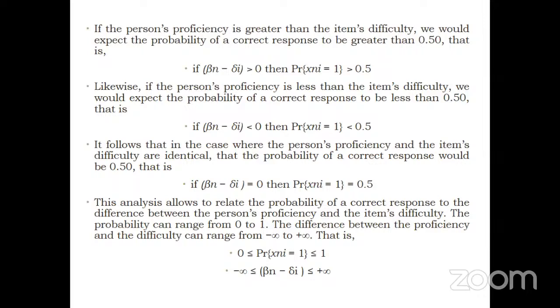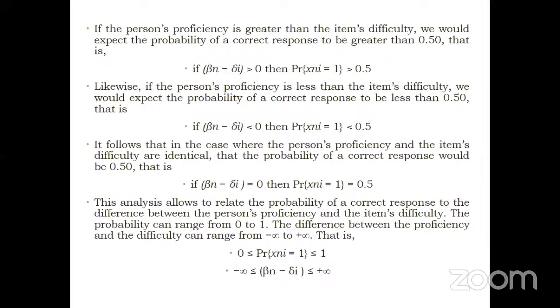This analysis allows us to relate the probability of a correct response to the difference between the person's proficiency and the item's difficulty. Probability can range from 0 to 1, as we know mathematically. The difference between the proficiency and the difficulty can range from minus infinity to plus infinity.